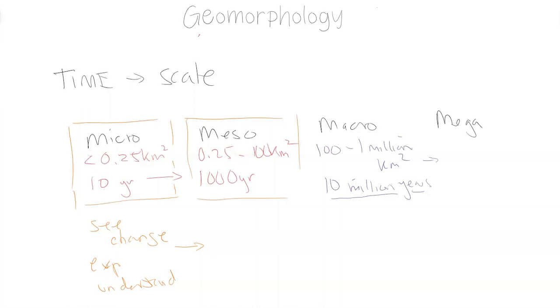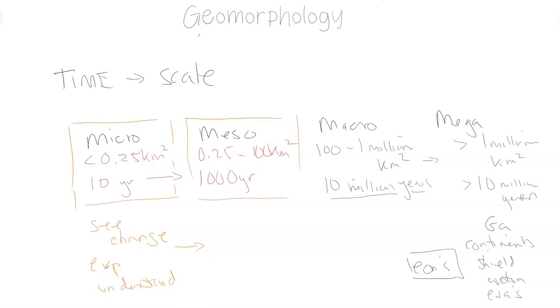Then we get the mega. The mega is anything over 1 million square kilometers, and anything over, again, 10 million years. So we're looking at billions of years, giga annum, okay, and very, very large areas: continents, the shields, the cratons, supercontinents, and in terms of eras as well, and eons.